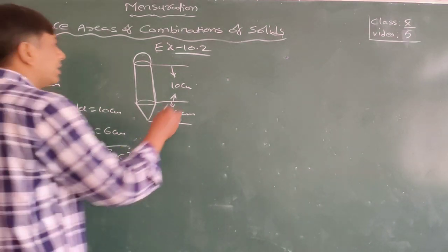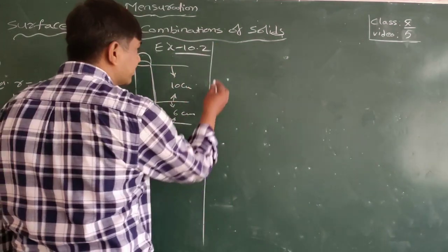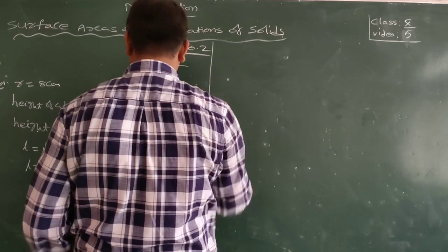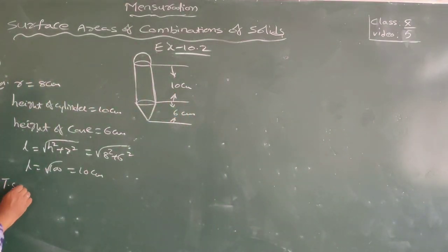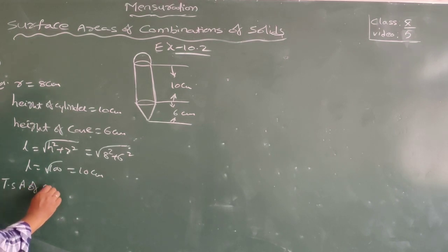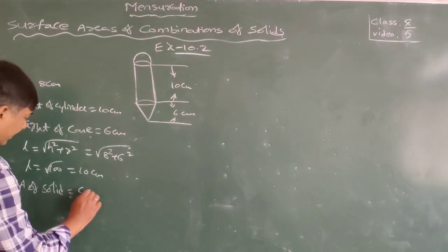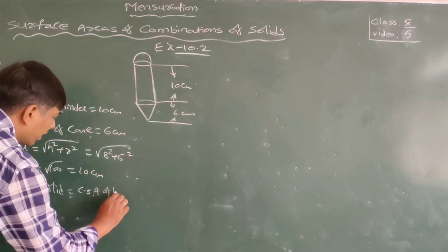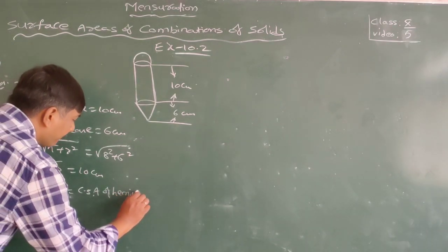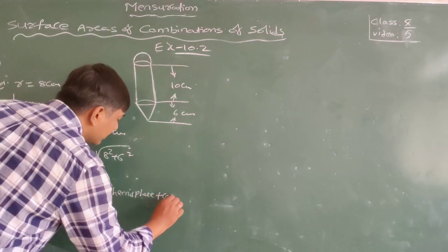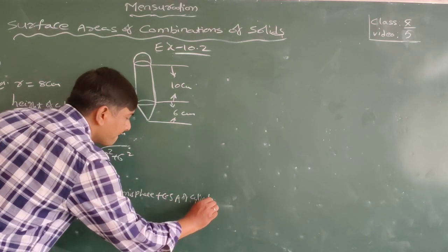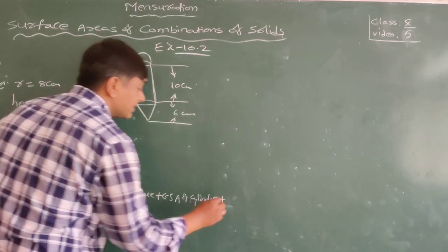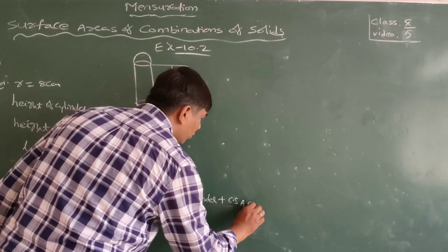Now, TSA of the solid is CSA of hemisphere plus CSA of cylinder plus CSA of cone.